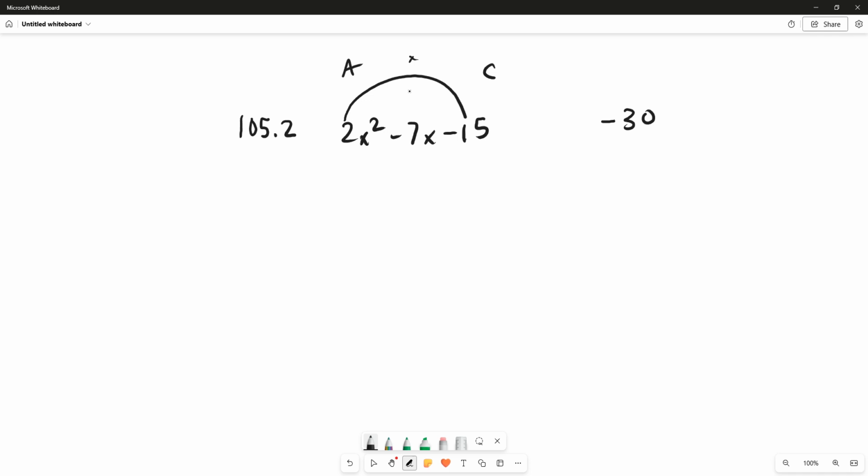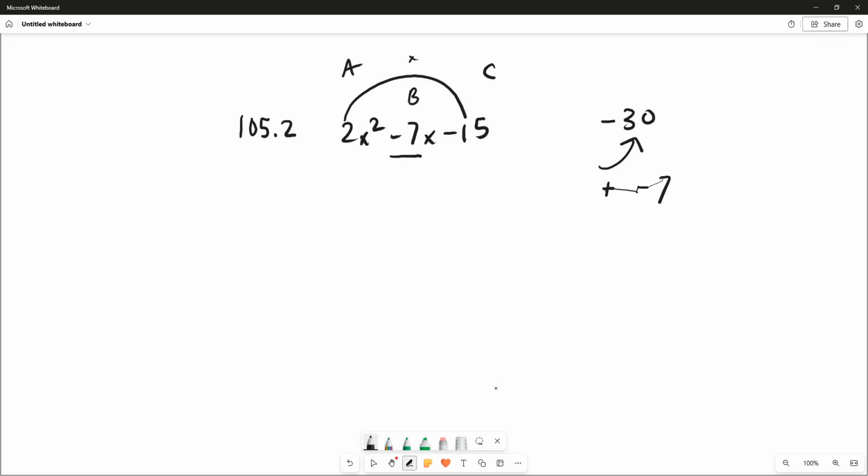And then we're going to think of what can I multiply together that gets negative 30 but adds together to get negative 7. Our factor pairs of 30 are 5 times 6, 2 times 15, 1 times 30, or 3 times 10.